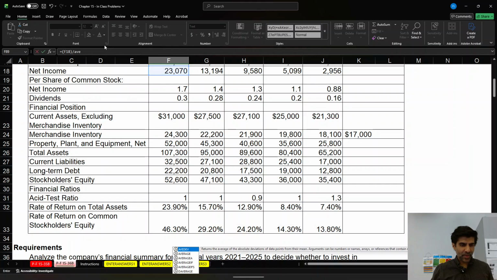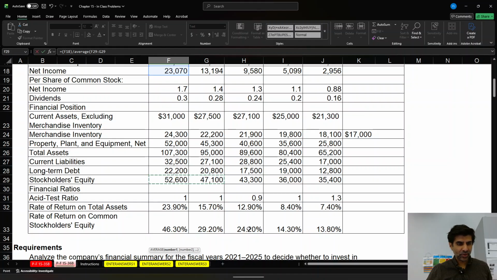And then we're going to divide by the average of the shareholder equity, so just these two on line 29. That's, as we call it, the book value of equity. This represents contributed capital plus retained earnings.